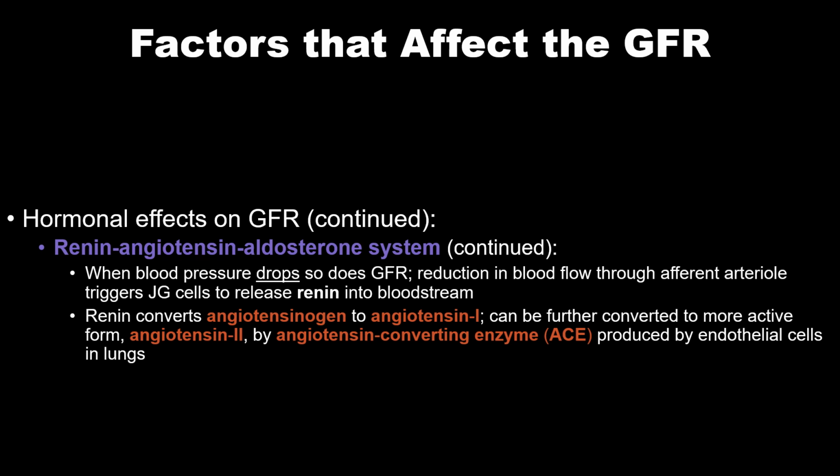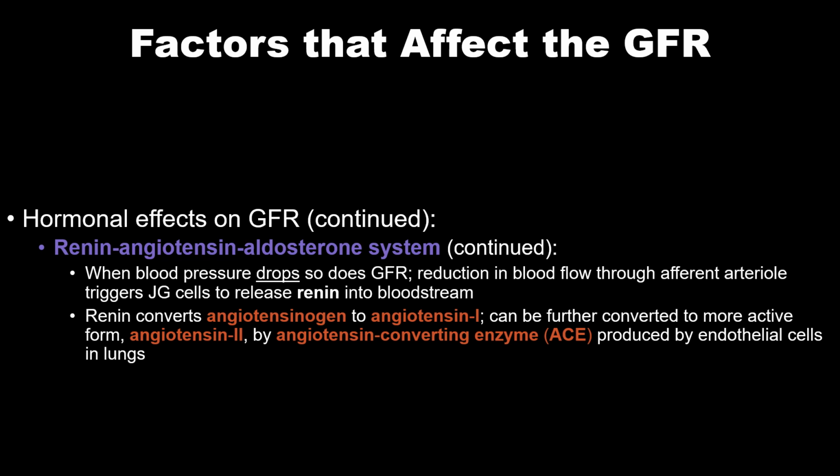And this is just going to happen as renin circulates in the body until it encounters that inactive protein produced by the liver. And so renin is just going to catalyze the conversion from angiotensinogen into angiotensin 1. And angiotensin 1 has minimal activity. So it goes from inactive to low activity.